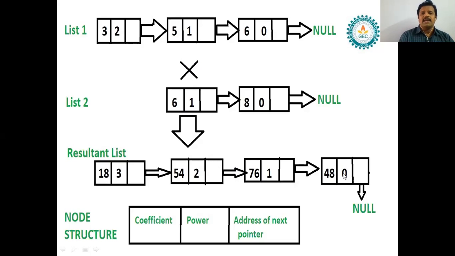We can represent it in the form of a linked list. This is how we can perform addition and multiplication operations on the given polynomial expressions. This is about what a polynomial expression is and how we can perform the addition and multiplication operations on polynomial expressions. Okay, thank you.